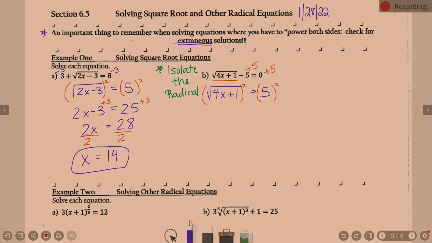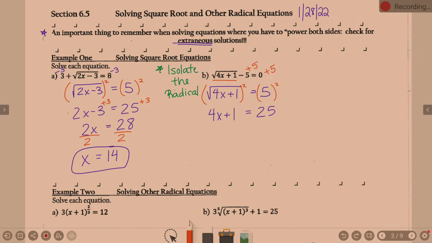When you square a square root, you just get whatever's under it. 5 squared? 25. Not 10, right? Get that silly answer out of your system. And we can solve from here, can't we?